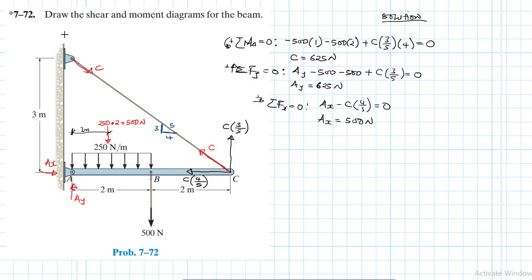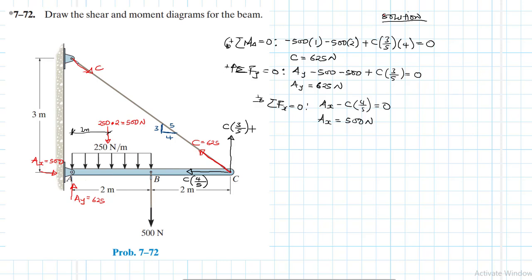So we have all the values. Let me just update them. Ax is equal to 500. Ay is equal to 625. And C, just C, not Cy, is equal to 625, right? Yeah, I think that's about it.